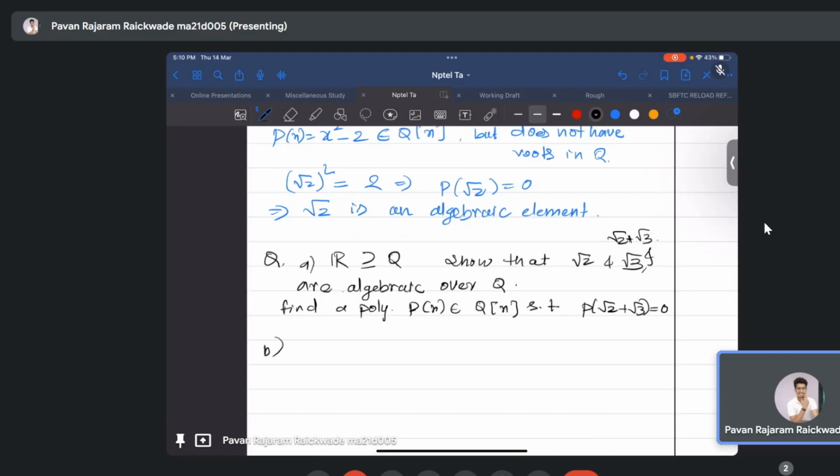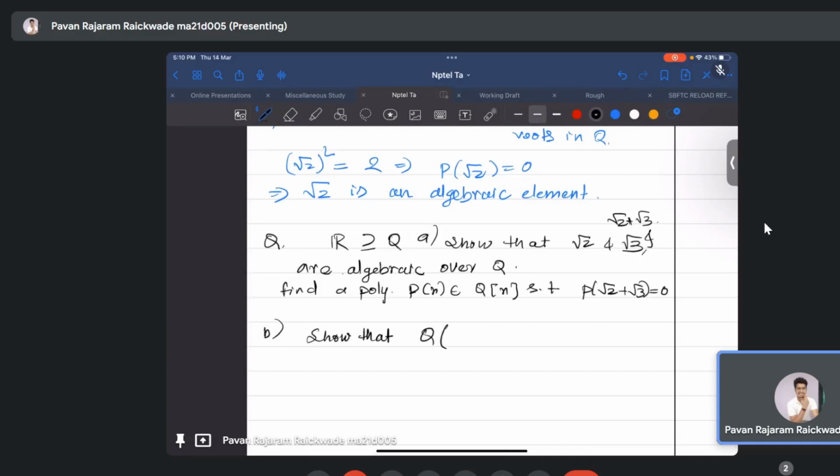My second question is, show that Q(root 2, root 3), this is adjoining two elements at a time, okay, Q(root 2)(root 3), is the same as Q(root 2 plus root 3). Okay, this I have to show.